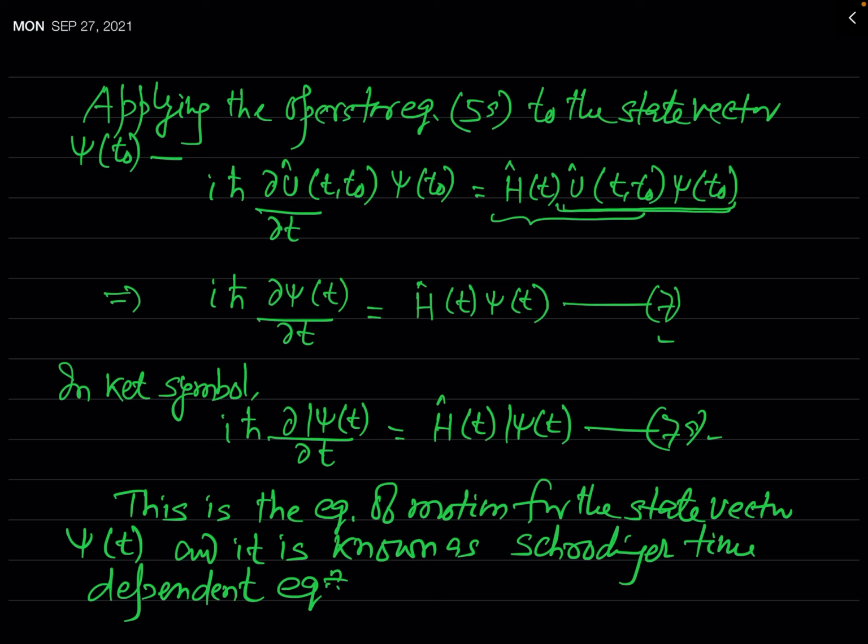Now, in coordinate representation, this equation of motion defined in equation 7 you may also write. Here the representation is only temporal, that is only in terms of the parameter time, but we can express this equation in coordinate representation.